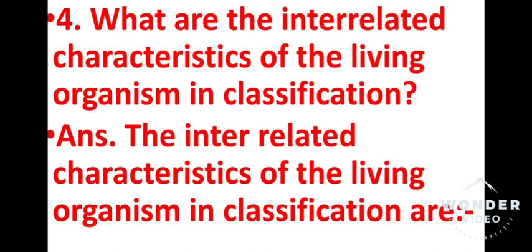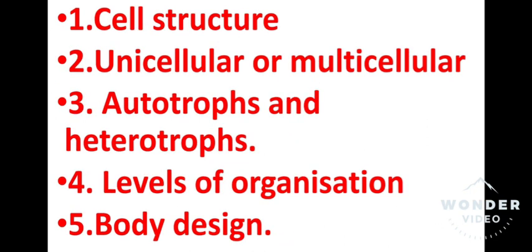The interrelated characteristics of the living organism in classification are: Number 1, cell structure. Number 2, whether the cell is unicellular or multicellular. Third, whether the plants are autotrophs or heterotrophs. Fourth one, levels of organization. And the last one is body design.